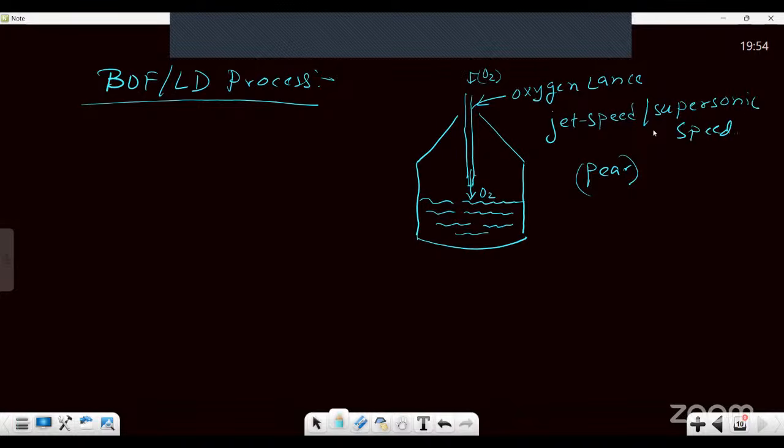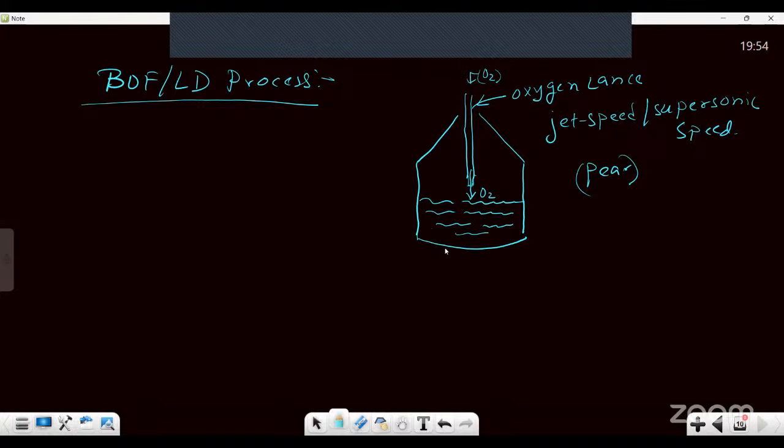Now, when this oxygen comes in contact with the melt, some part of the oxygen will immediately get dissolved in the melt. And it will start oxidizing the impurities.